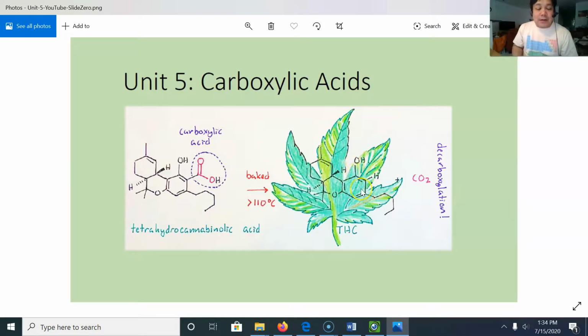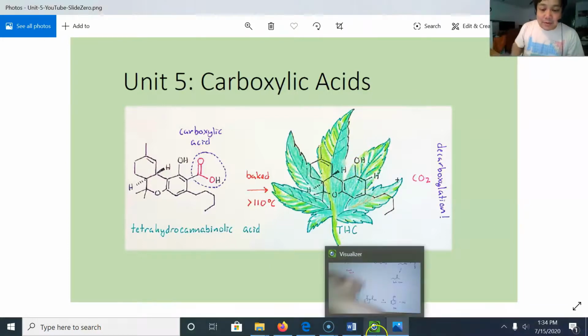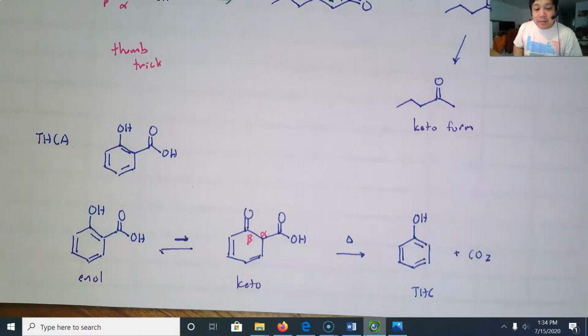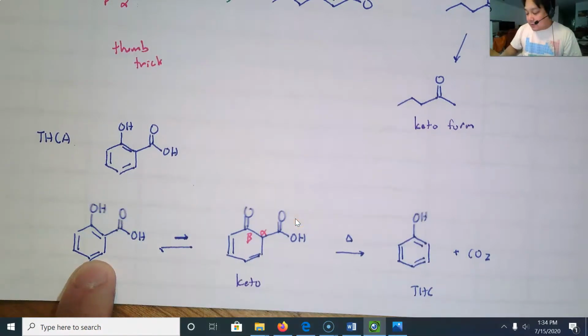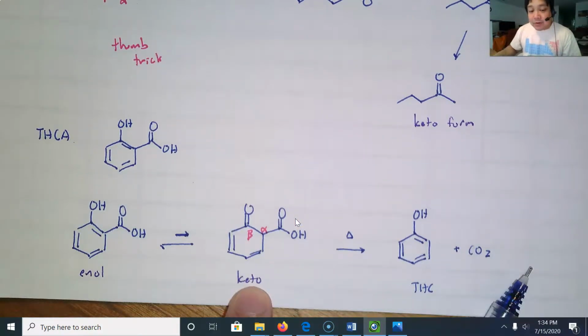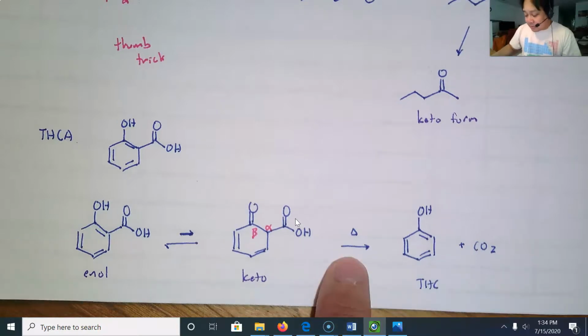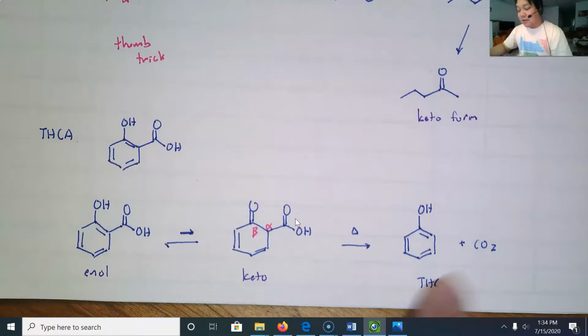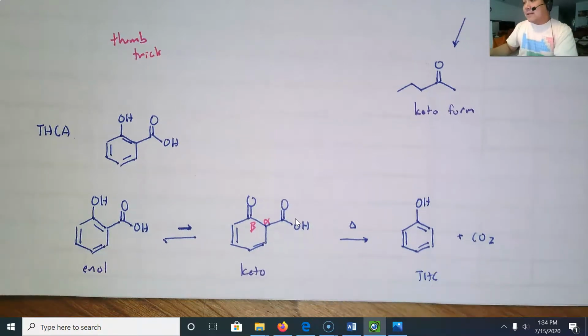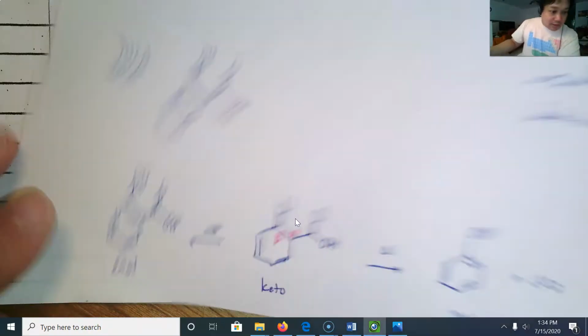Okay, we're not going to convert it into the keto because actually the phenol is more stable. That's not going to sink us because, again, even though this is more stable, when this goes to the small percentage of keto, it will very quickly decarboxylate, and we keep it at the enol form. So that's the side story for THC.